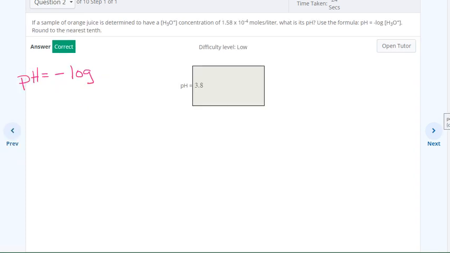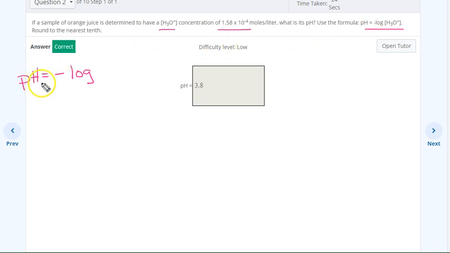Now, reading the next question, sample of orange juice. We're looking for hydrogen ion concentration, which they're saying is this. We're going to use this formula.